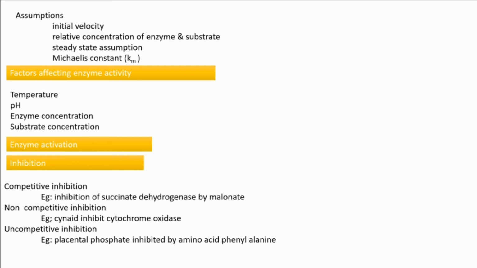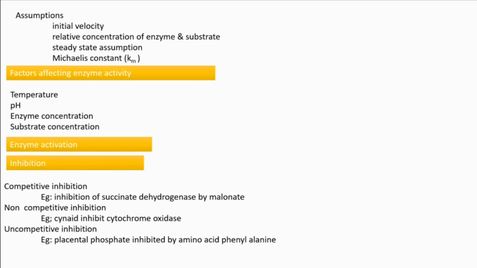Then non-competitive inhibition. What is non-competitive? There is no competition between the substrate and the inhibitor. Why is there no competition? Because the inhibitor does not have a structural similarity with the substrate.